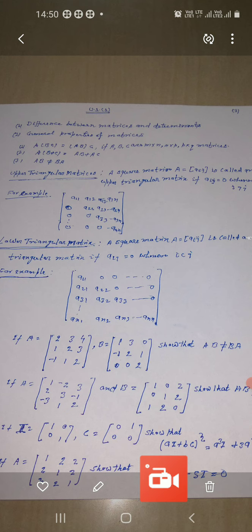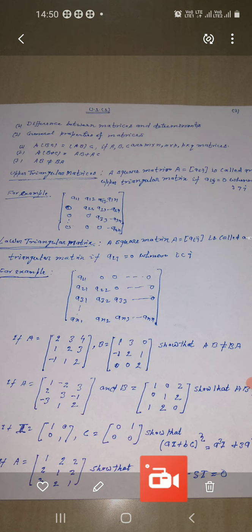Now we will solve some examples. If A is equal to, in first row 2 3 4, in second row 1 2 3, and in third row minus 1 1 2, and you have matrix B equal to, in first row 1 3 0, in second row minus 1 2 1, and in third row 0 0 2.